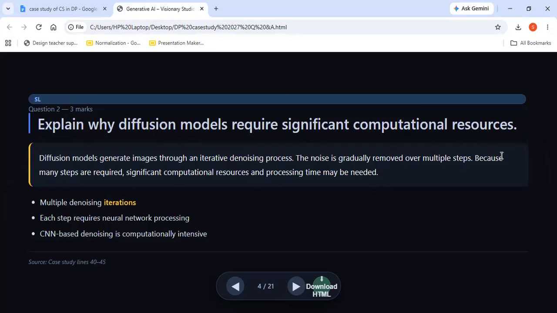Because many steps are required, and the process has been performed many times, significant computational resources and processing time may be needed. For example, instead of a CPU, we may need a TPU or GPU. So in that case, we need to go for different computational resources to improve the processing time.